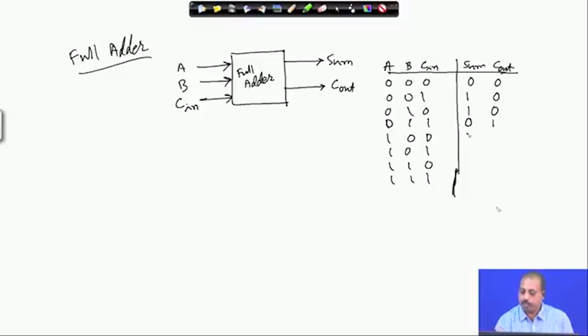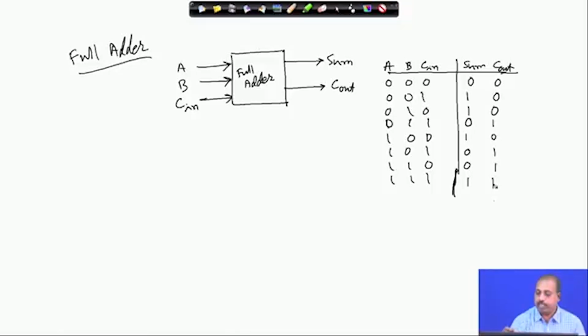Here again the sum is 1 and the carry is 0, and the next also has sum 1 and carry 0. Now, here again you have sum as 0 and carry as 1, here again sum as 0 and carry as 1, and here you have sum as 1 and carry also as 1. So, we have the truth table like that.